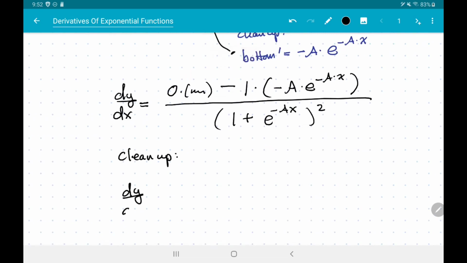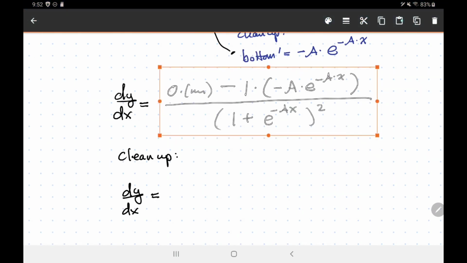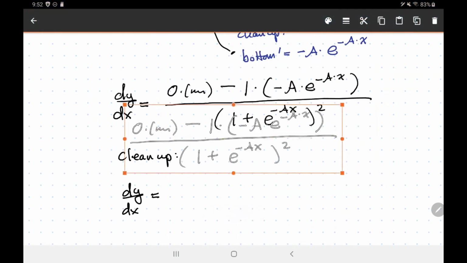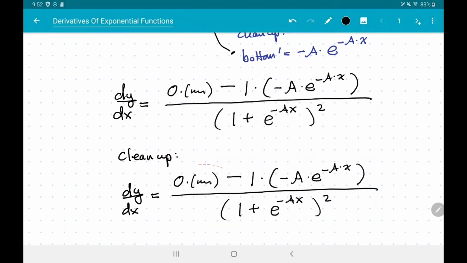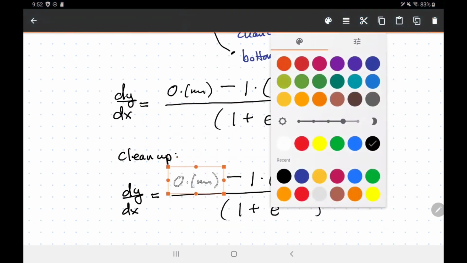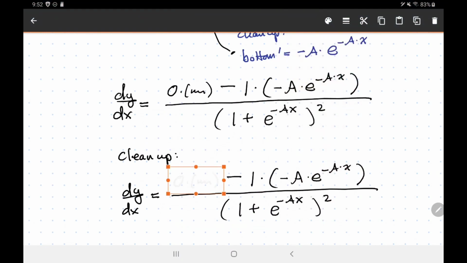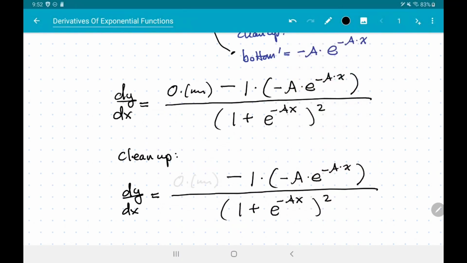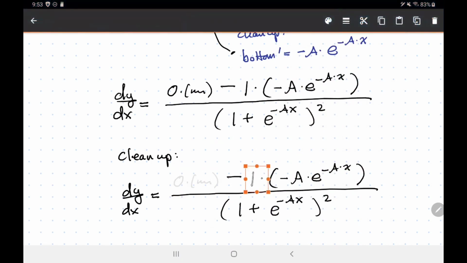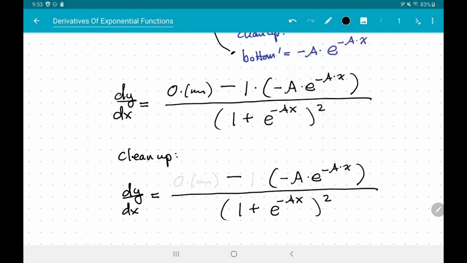Here we go. dy over dx equals, okay, here's a couple of things that happen. Let me copy that. So first, this just becomes 0. Next, we don't really need to write times 1, so I'm going to gray that out. And at this point, if you notice, we have a negative of a negative cluster of factors.